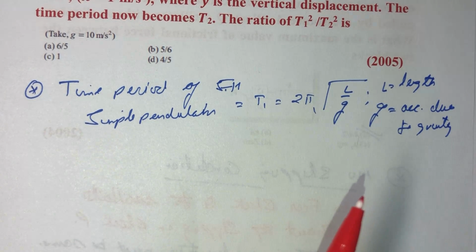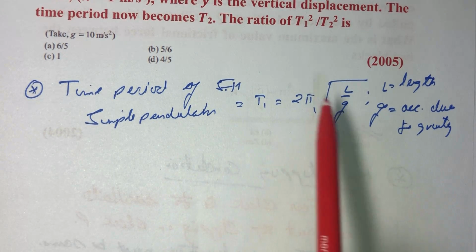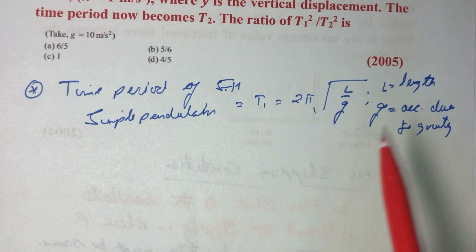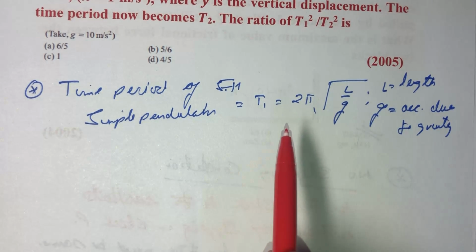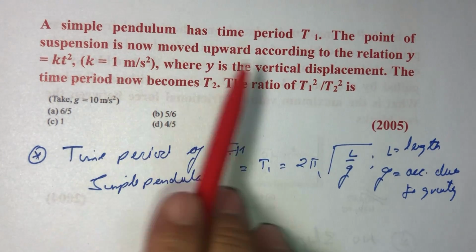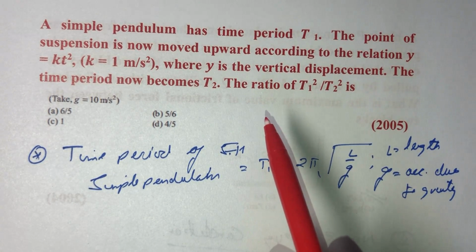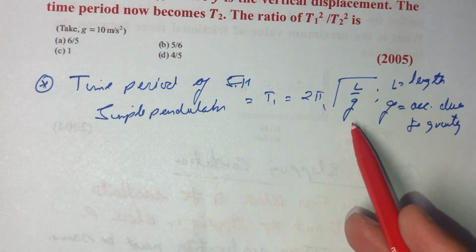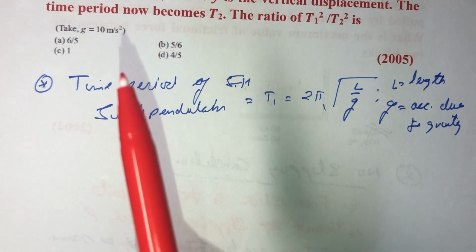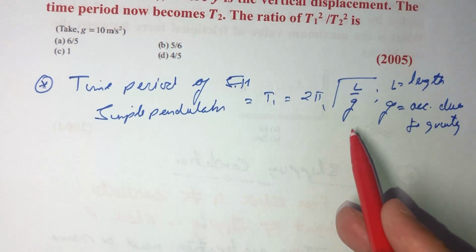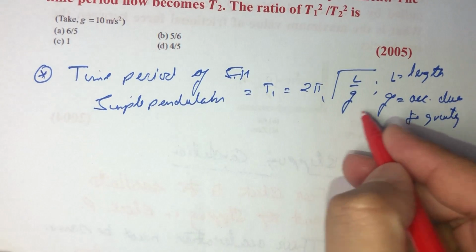So when the pendulum is without acceleration, the g effective will be equal to g, and when there is acceleration given by the relationship y, from that we are going to find the acceleration, and then g effective will be a combination of g plus the acceleration produced by the upward motion of the pendulum. So let us call this g effective.